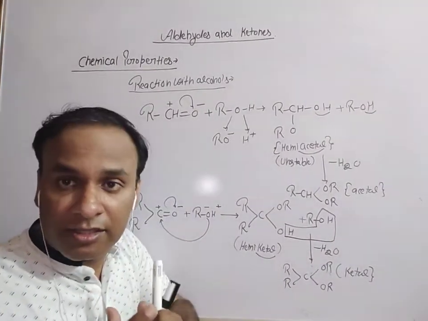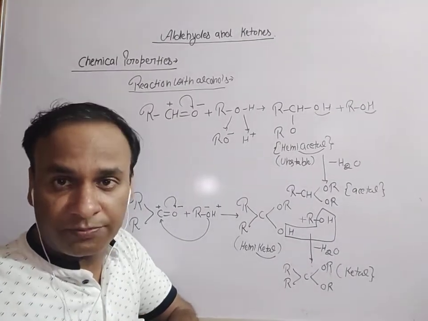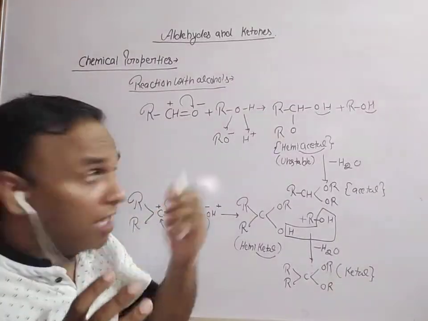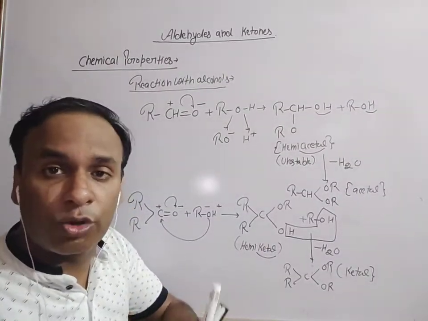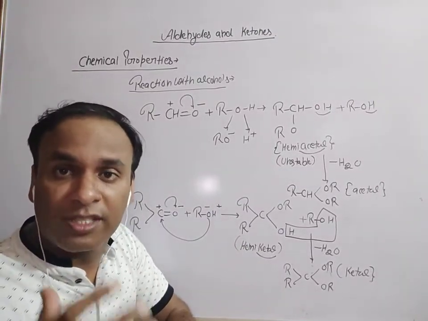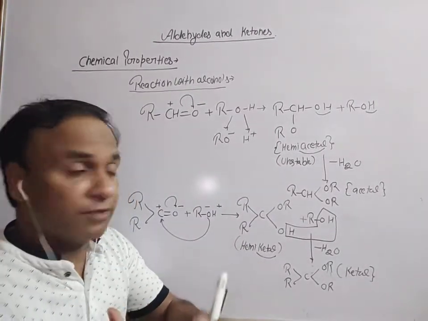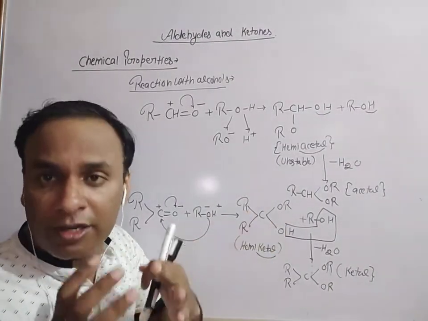These are the characteristics of nucleophilic addition reactions. Clear? Because alcohols and hydrogen cyanide give addition reactions across the double bond. In the same manner, sodium hydrogen sulfite also gives the addition reaction across the double bond of an aldehyde or ketone.